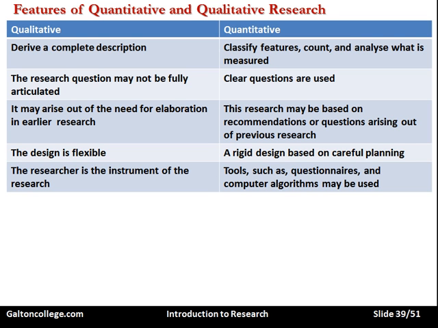But for quantitative, it's looking at tools such as questionnaires. It's looking at the results picked up in questionnaires and then doing some quantitative work on the responses, coding the questionnaires and doing some quantitative work on them.